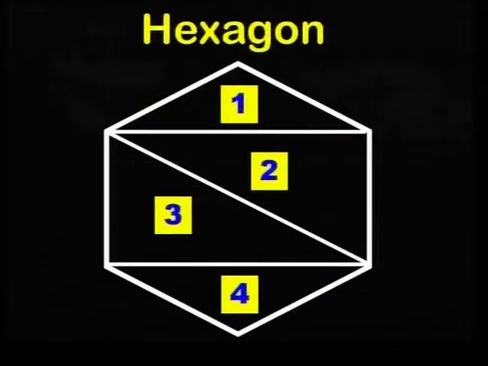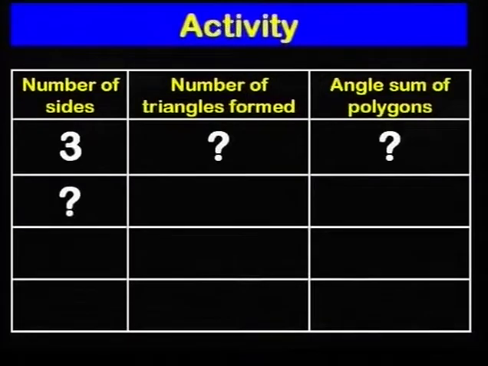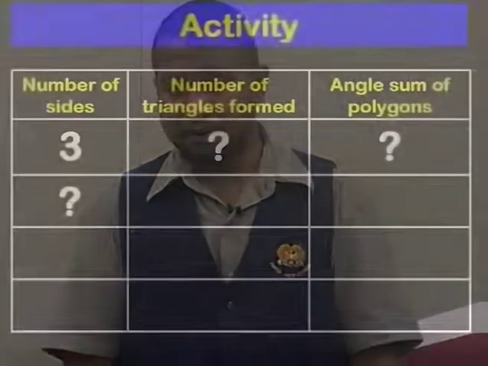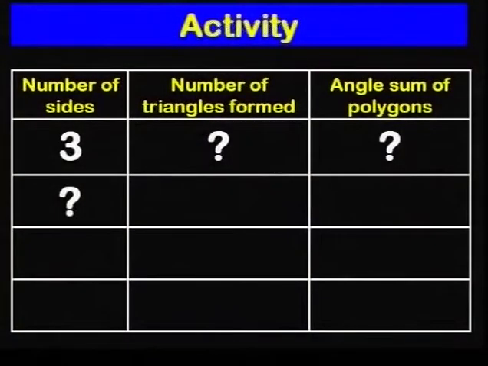Now, I've got an activity for us to do. On the screen and also in your activity book, you will see a table showing like this. It has three columns. The first column says the number of sides of that polygon.